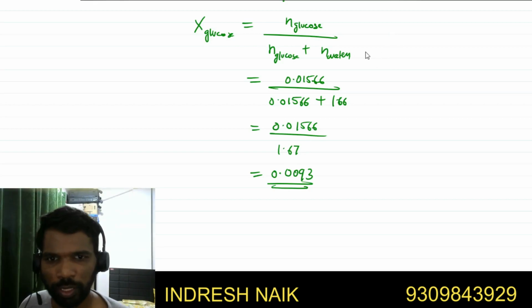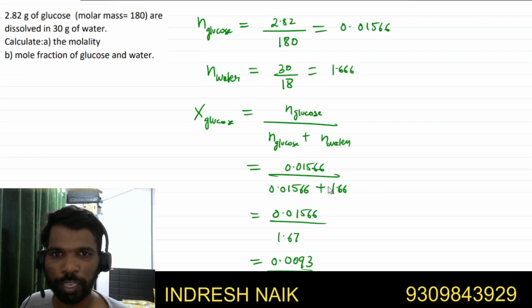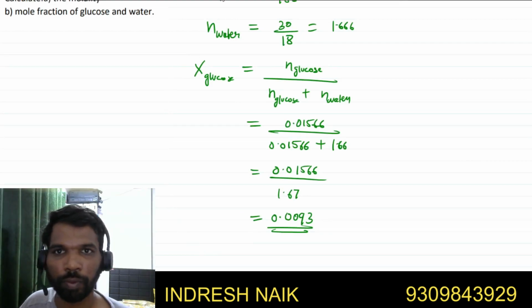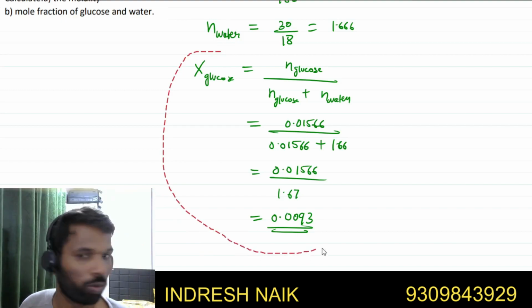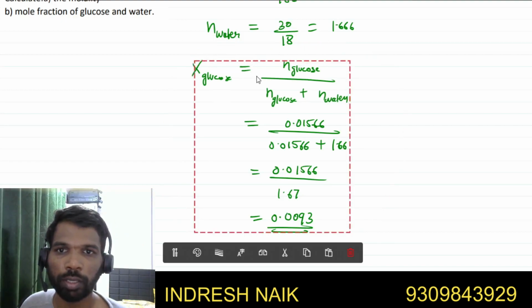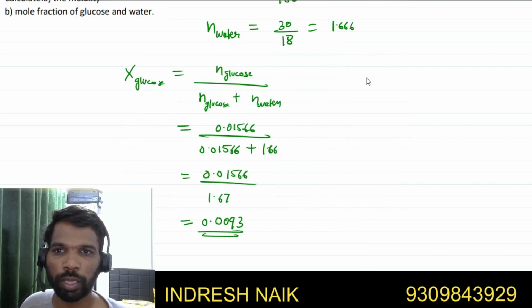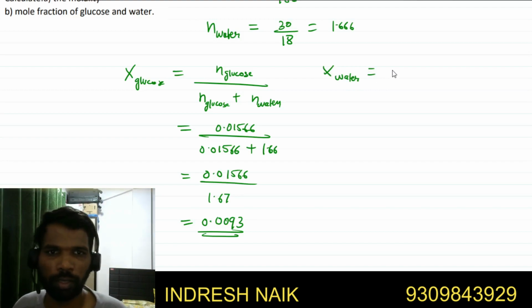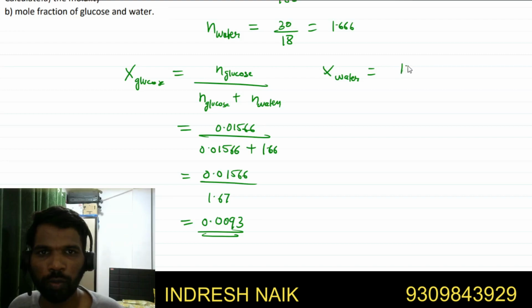Okay, I'll do this in this way. Mole fraction of the water will find. So I'll do this here only. Mole fraction of the glucose is done. So here only I'll write mole fraction of the water. You can use this formula directly, or you can do 1 minus mole fraction of the glucose. So water is what? 1.66.